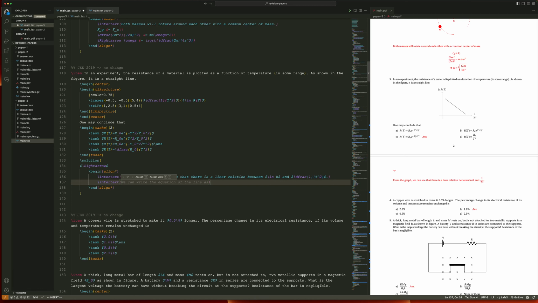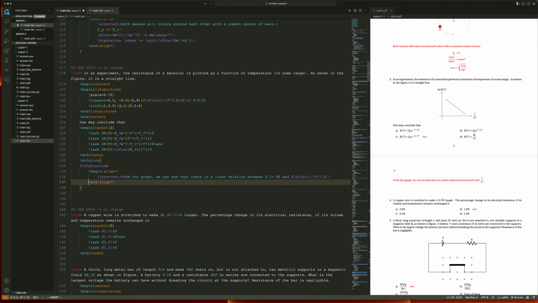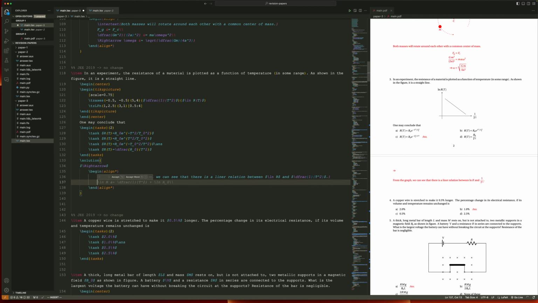Let's say at T equals, I don't know. How should I relate the linear function? Log R naught. I think let's leave this part. I think we should just move on to the equation part. That will be much better.